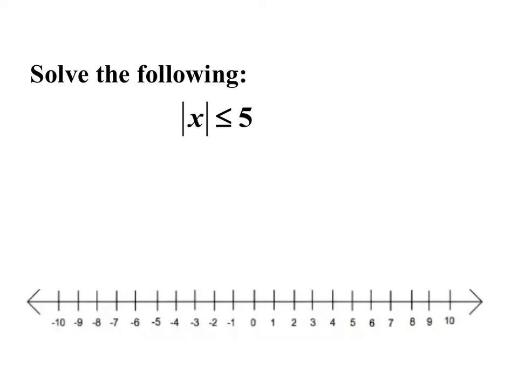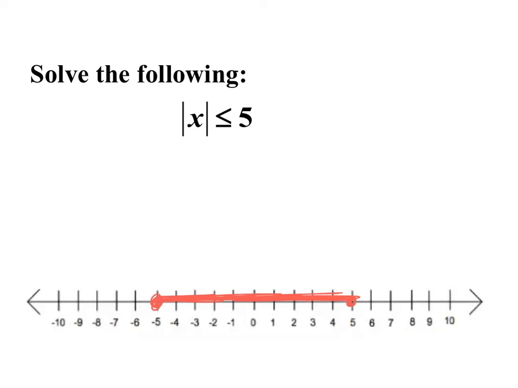I'm going to put a closed circle on negative 5 and a closed circle on positive 5, because this time we have the less than or equal to symbol. So that includes the numbers that are exactly 5 units away. And then I'm going to shade in all the numbers that fall in between those. So everything I'm shading here would be numbers that are fewer than 5 units away from 0.